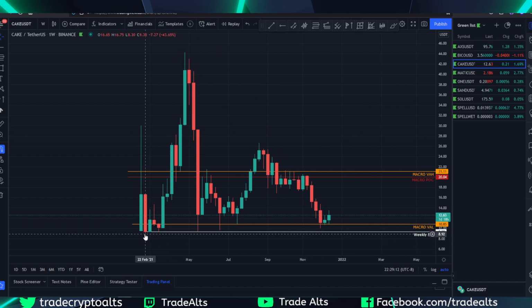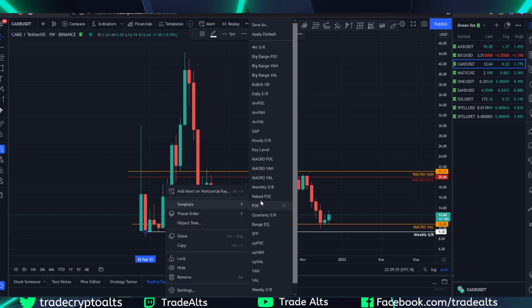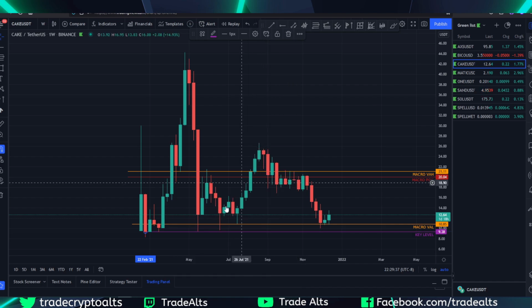You've had a weekly level, push higher, back test, massive move up, right? So this is an important pivot. It comes all the way down, fades the entire run. Where does it stop? Weekly. Push up to macro value area high, comes back down to where? Weekly level. So this really is a key level, and that's where it originated from, that weekly, right?